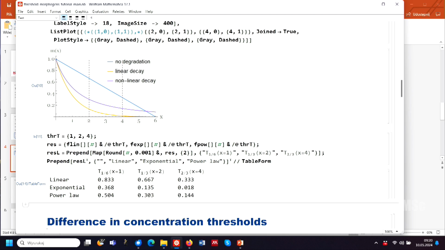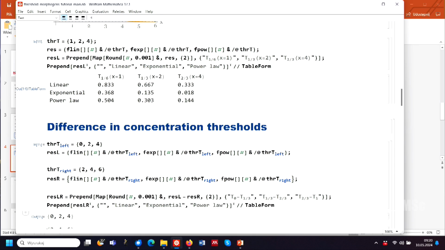But if you would go 3-4 orders of magnitude, that's it. Biology sometimes can be refined, but as a rule of thumb, it would be difficult to have mechanisms interpreting signals over more than 4 orders of magnitude.